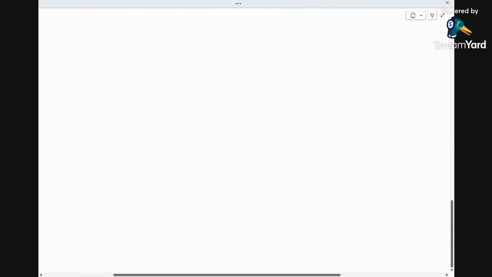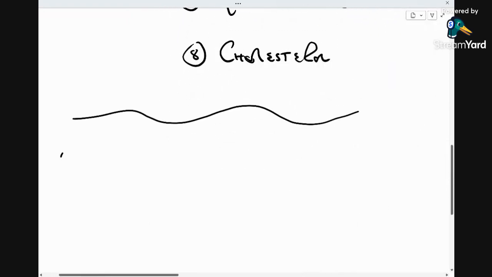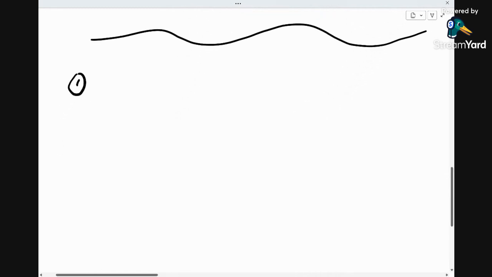Let's go for number one, which is the function of lipids. So you need to know the following functions.